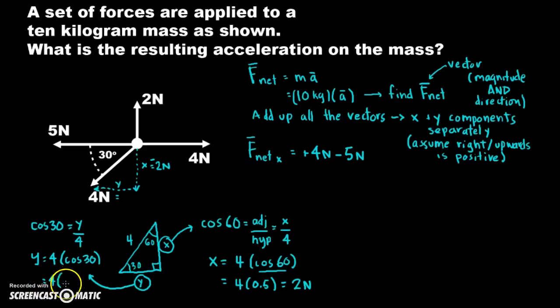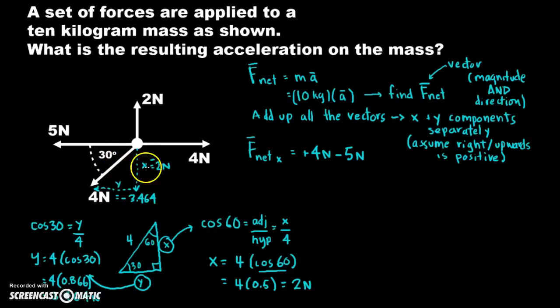That'll be 4 times, rounding a little bit, 0.866, and that gives me 3.464, let's say for now, newtons. So this up here is equal to negative, remember it's going to the left, negative 3.464. So now I've got all my parts, all the different forces in either the x or y direction.